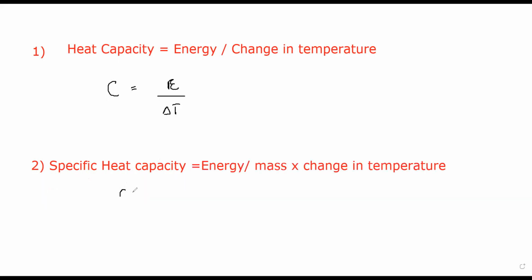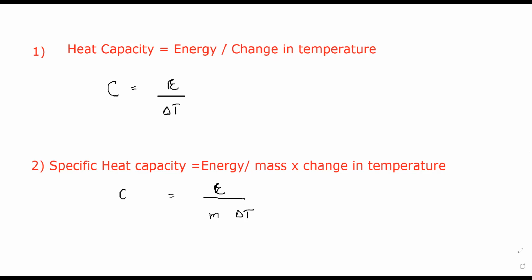Specific heat capacity is denoted by small c, energy by E, mass by M, and temperature change is delta T. If in the question specific heat capacity is given, we use the second formula. If thermal capacity or heat capacity is given, we use the first formula.